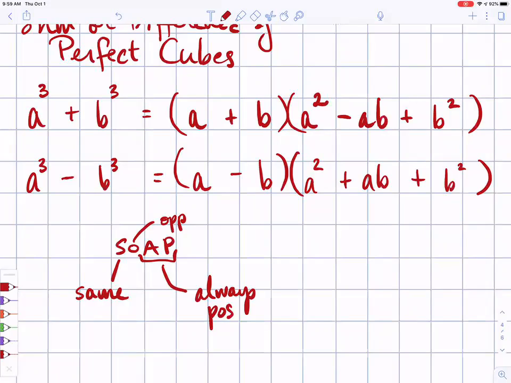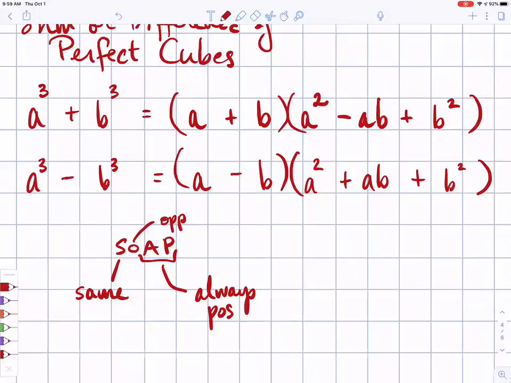So there's the opposite part. And the last sign that you see is always positive because it's a square. So notice the same thing here. My first sign that you see is the same as the original. This one is the opposite of the original. This guy is always positive. So that's a way that you can remember what the signs are in that.